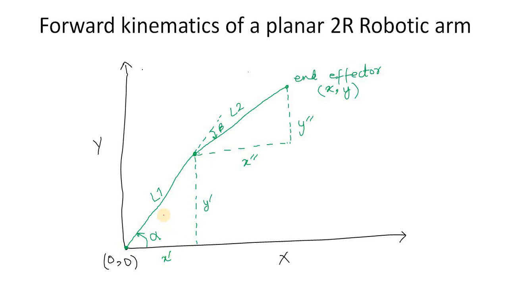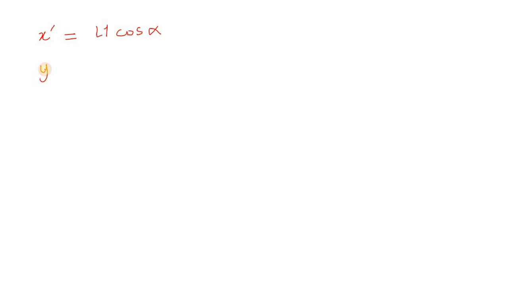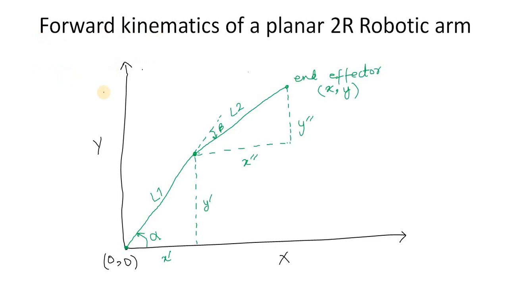So the value of x dash is cosine of angle alpha multiplied by length L1. Similarly we can calculate y dash, which is L1 sine of alpha. So now we have the coordinates of the intermediate joint. Okay. Once we have calculated them, the next step is we take this as a reference frame. Here we attach our reference frame.